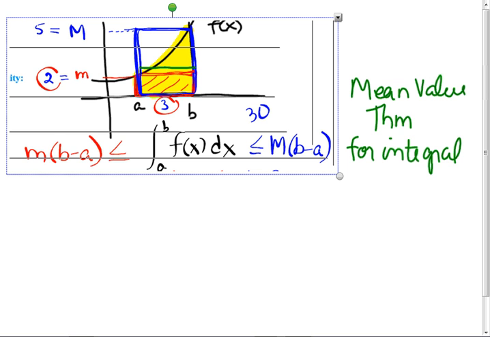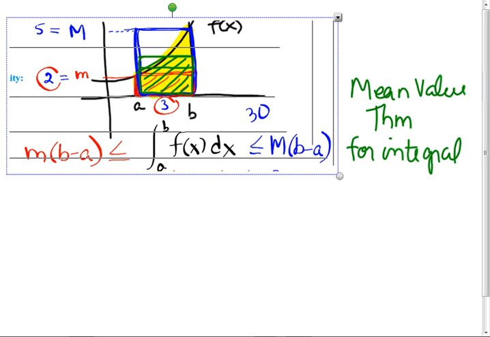Okay, Jack? So if the real area is bigger than 2 but smaller than, whatever it was, 6 and 15, don't you think that there's some place in here where the area of this green rectangle is exactly equal to the area under the curve? There's got to be. Doesn't it make sense?